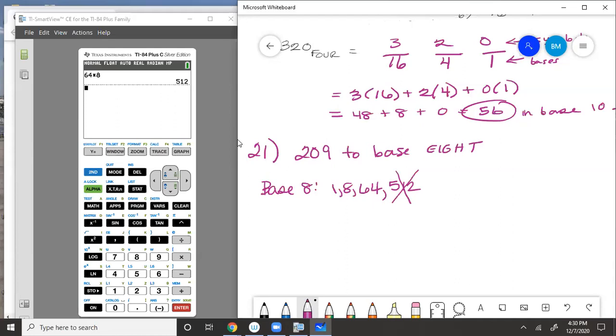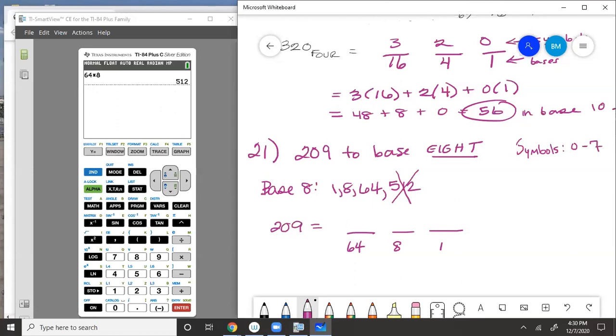So we're going to use these bases, okay? So we already know that we're going to use 3 of the symbols, starting with 1, 8, and 64. So we need to know what symbols go here. Now for base 8, the symbols are 0 through 7. Okay, we always go one less than the number of the base.